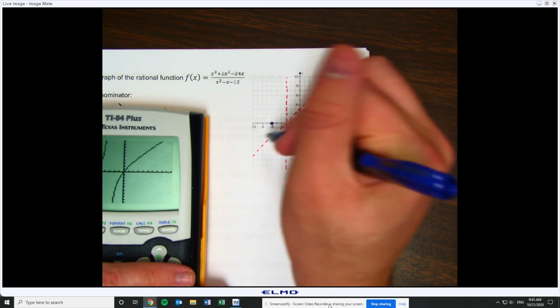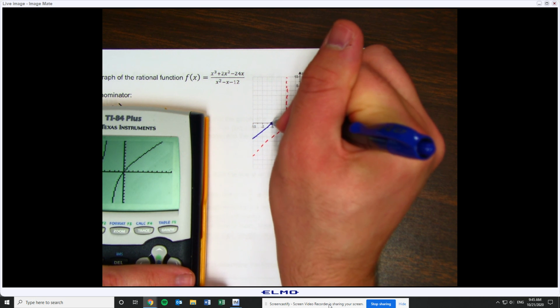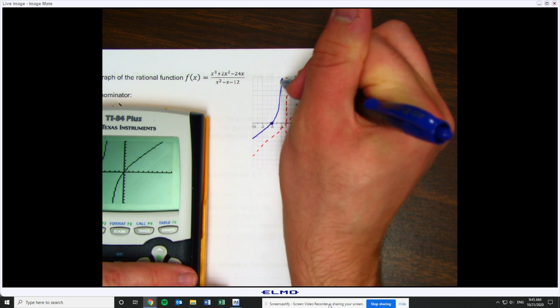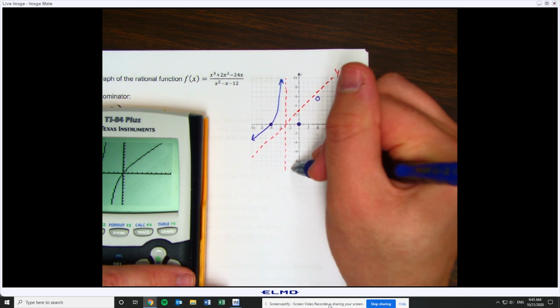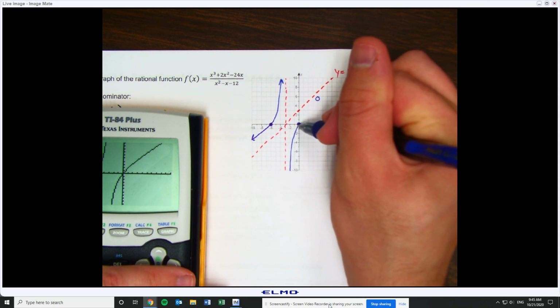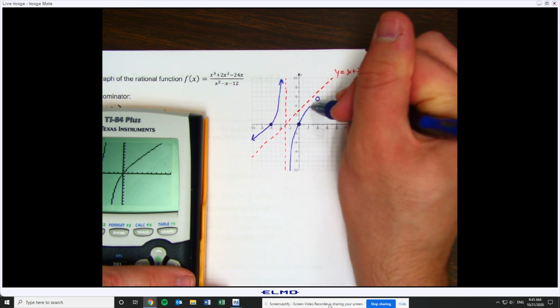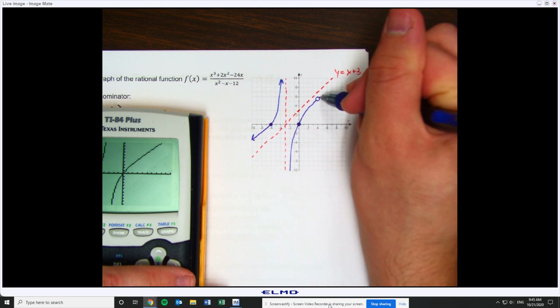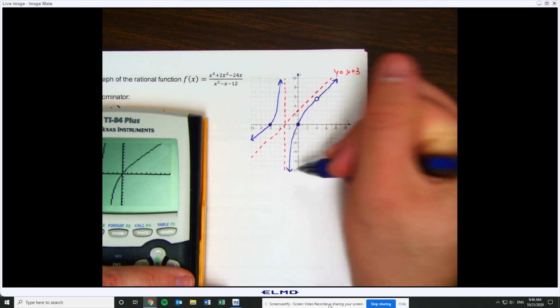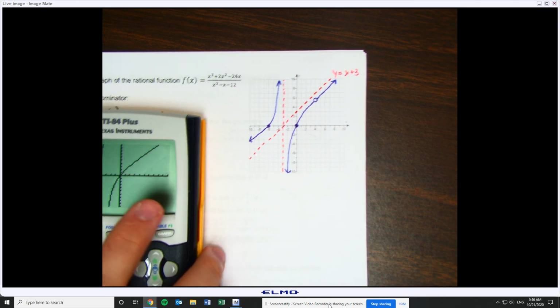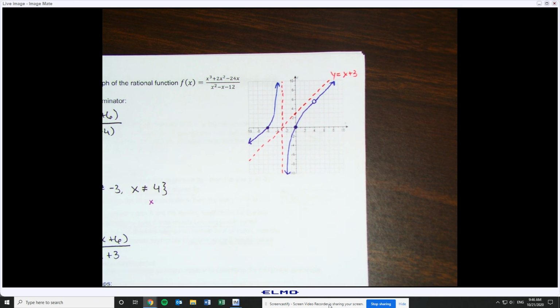So I follow along over here, I hit that line, and then I go up. And right here, I follow along this one, hit that point, hit the dot, and then I just follow along. All done. That is how you can graph using a slant asymptote.